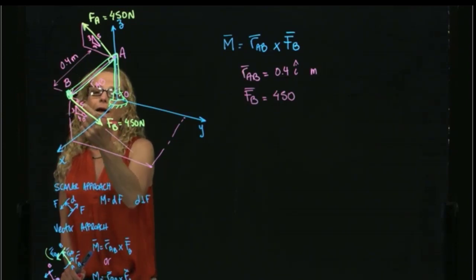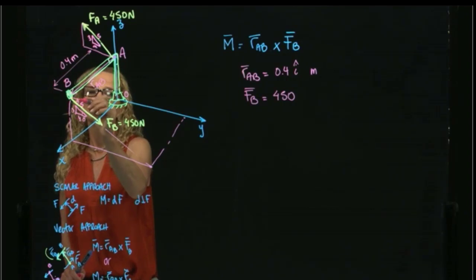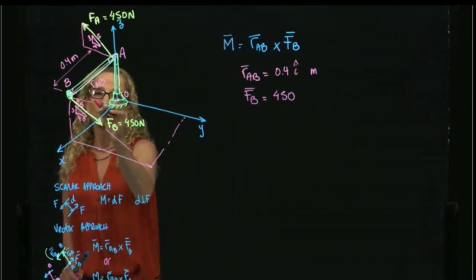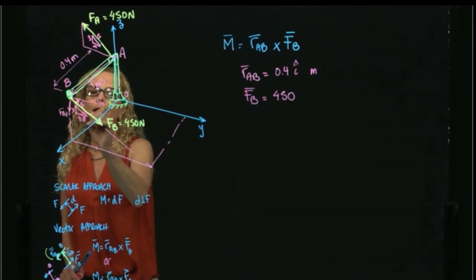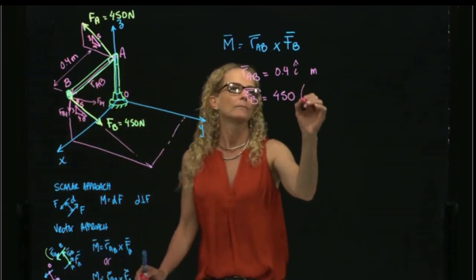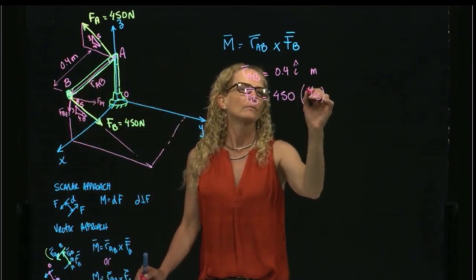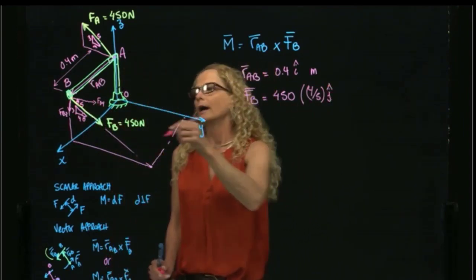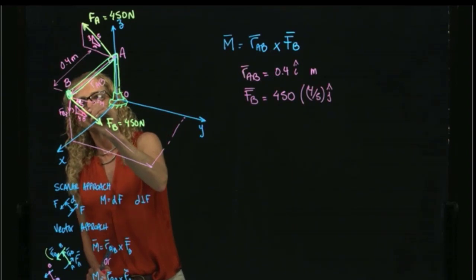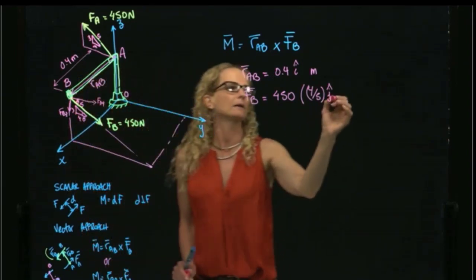So I can decompose the force into my J component and my K component. The J component will be the cosine of this angle, and the cosine of this angle will be 4 over 5 in J direction, and then multiplied by sine, it will be in my negative K direction.